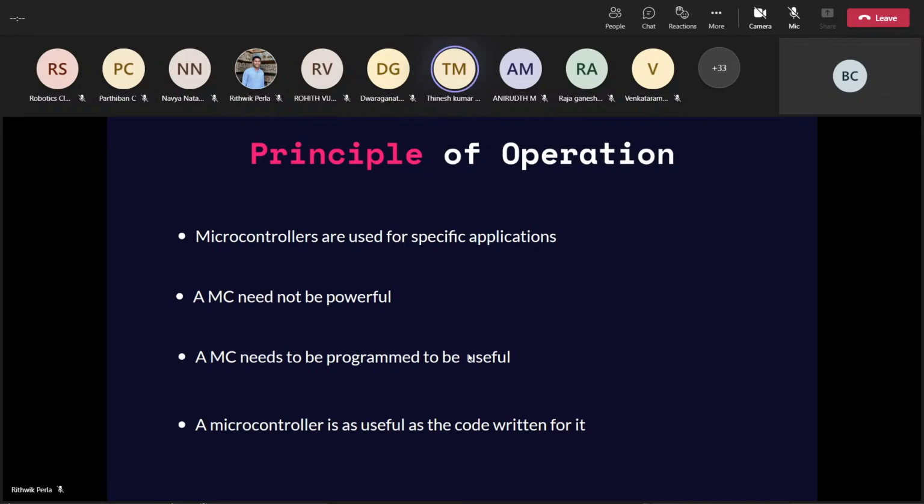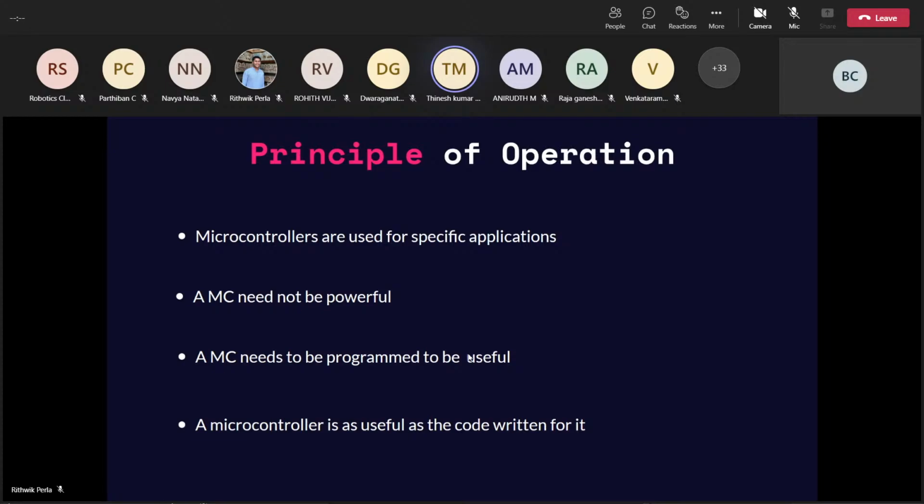The next point is that a microcontroller needs to be programmed to be useful. For this point, if I have a small LED bulb and I want it to turn on when I press a push button, I can write a code for this. Just imagine, don't worry about the code, I'm just giving an example.